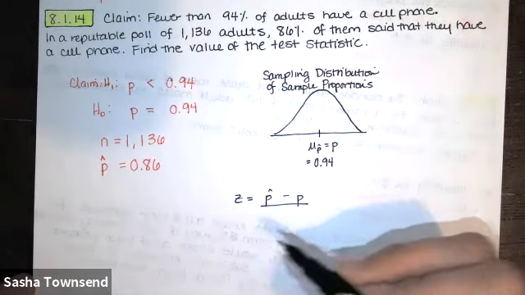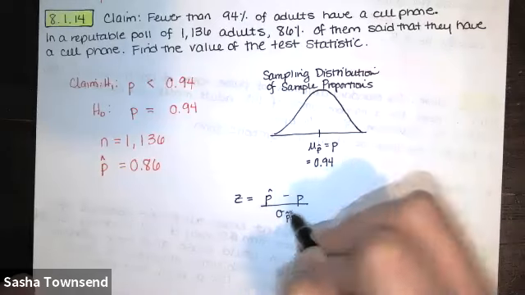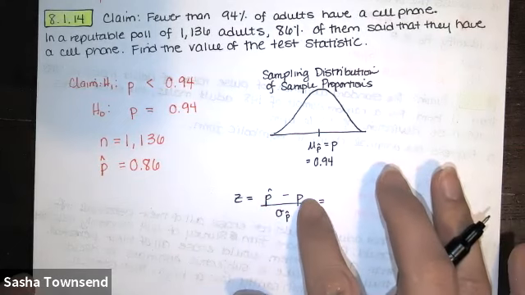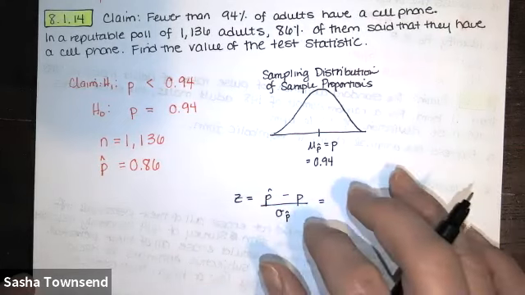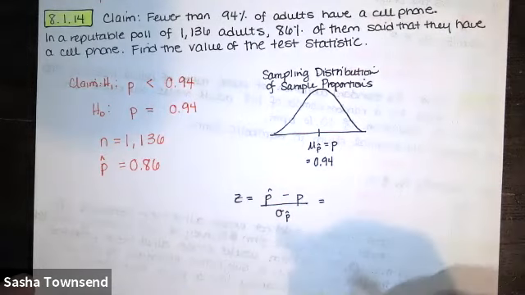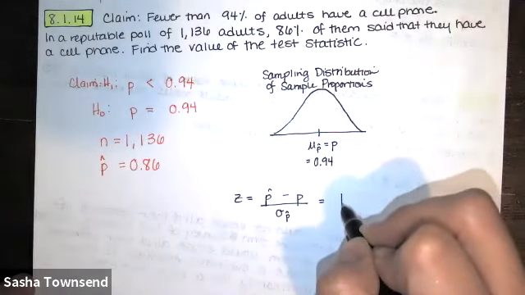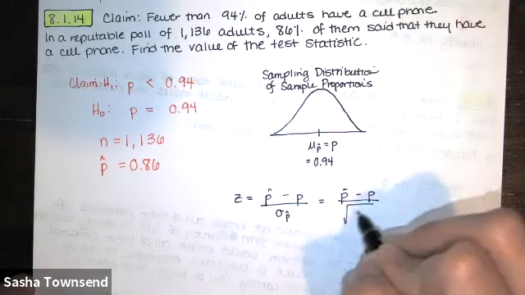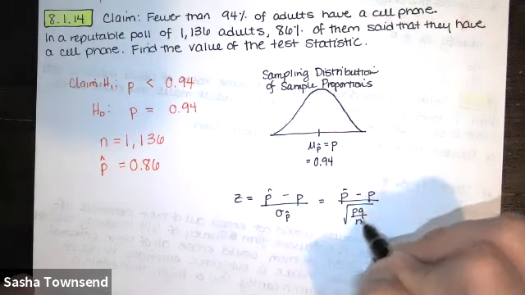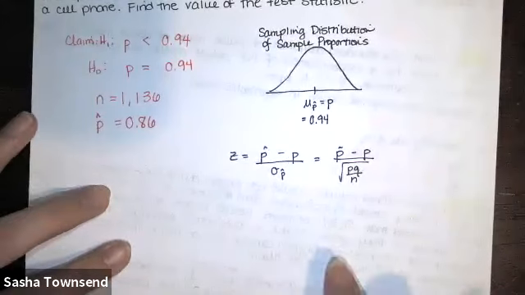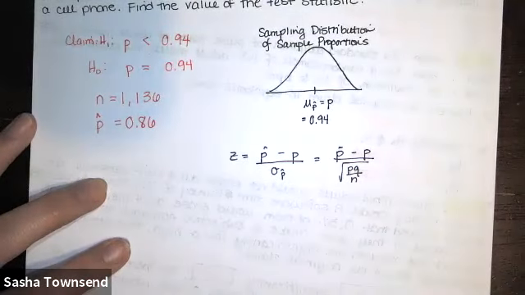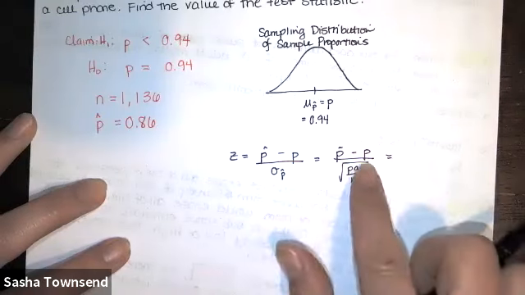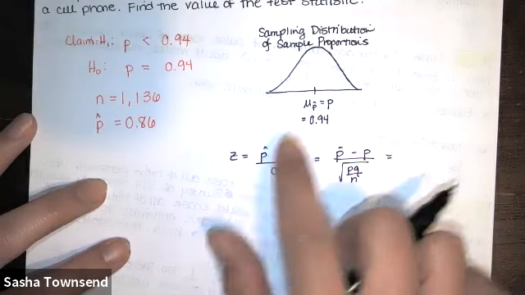And then we divide by the standard deviation of the sample proportions, provided that P is the true value of the mean and P is equal to 0.94. Now, a good estimate of the standard deviation of the sample proportions is the square root of P times Q over N. Not P hat, sorry, it's P times Q over N. Okay, so this is the formula that we're using. And basically this is getting us the Z-score corresponding to that value P hat.